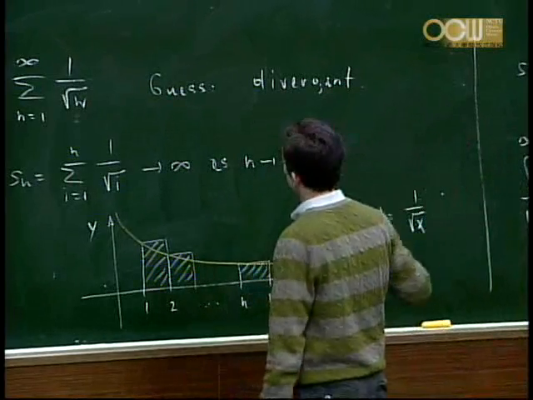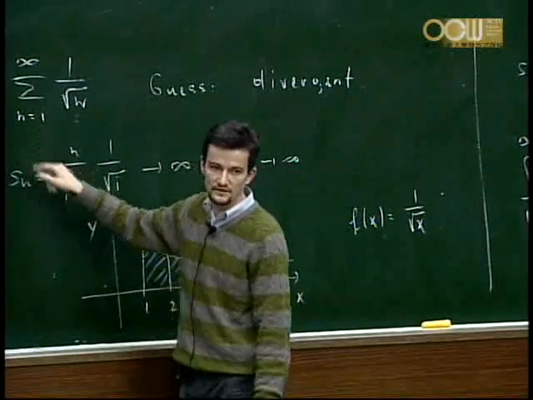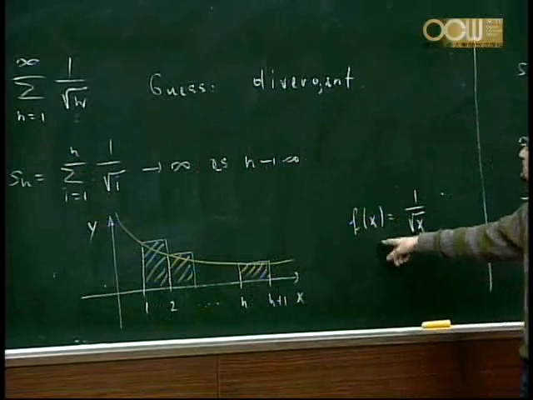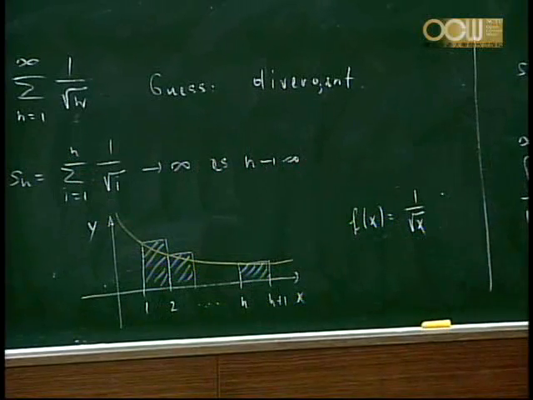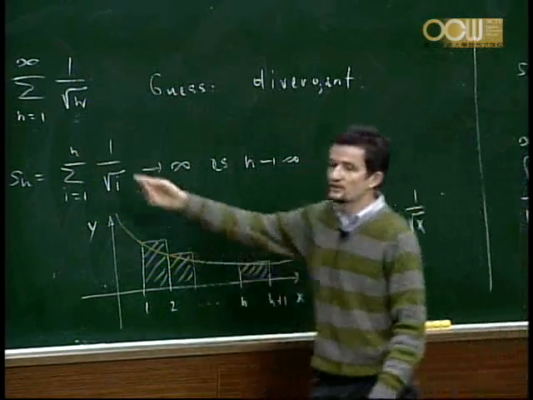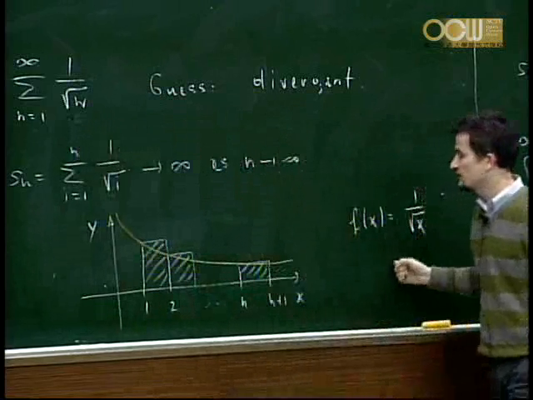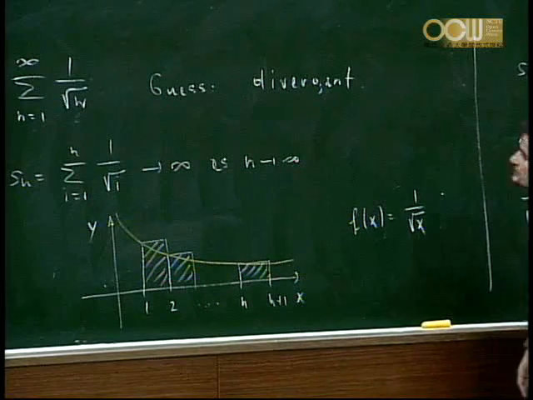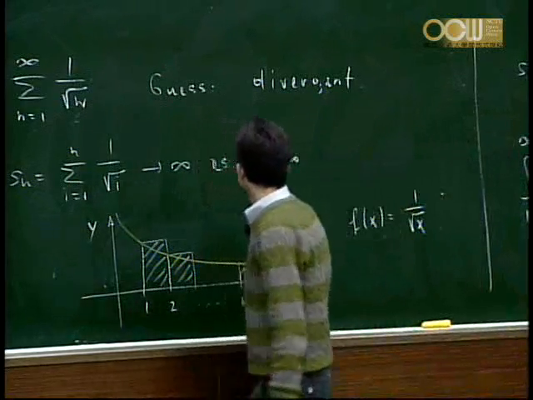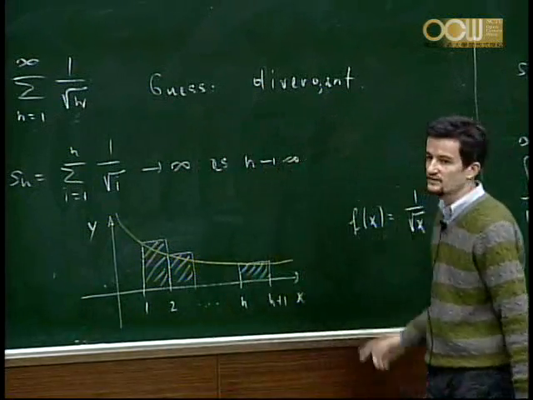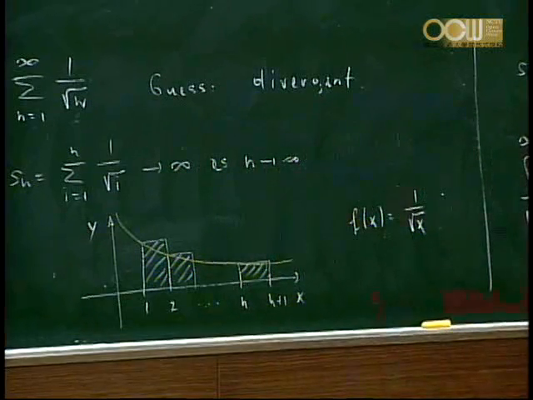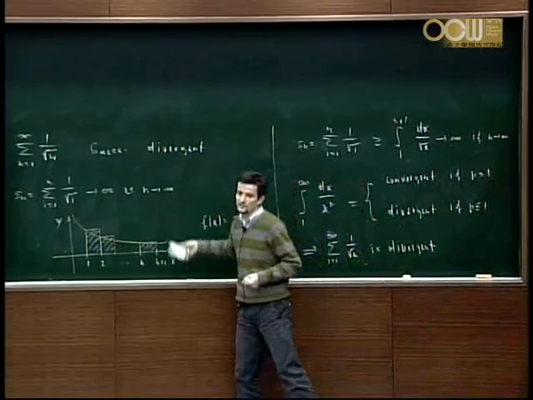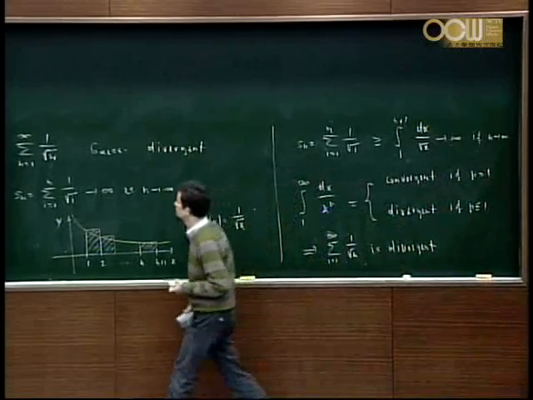from this kind of general reasoning, you see that you can replace the series by an integral, the integral from 1 to infinity of f of x dx, and the series will be convergent if and only if the integral is convergent. We saw one example that convergence of the integral implies convergence of the series, and this is an example that divergence of the integral implies divergence of the series, and this you can easily turn into a general proof.